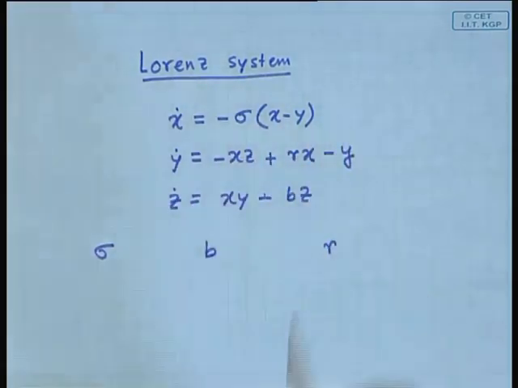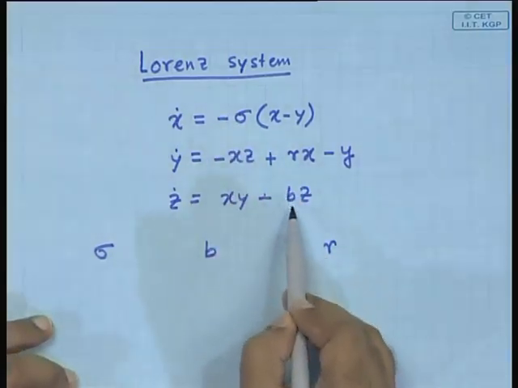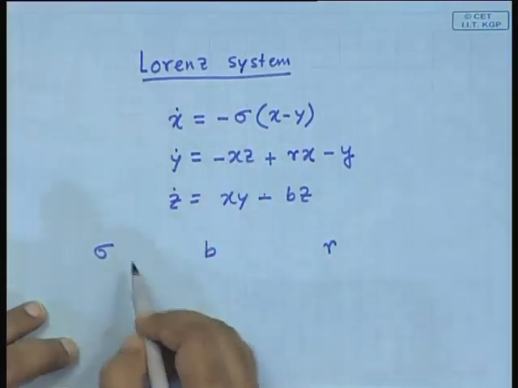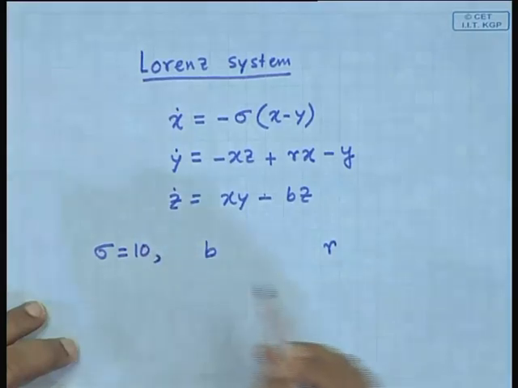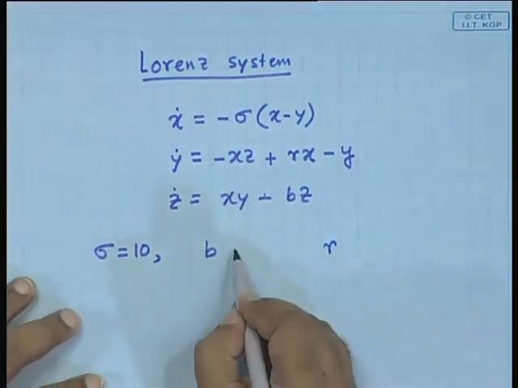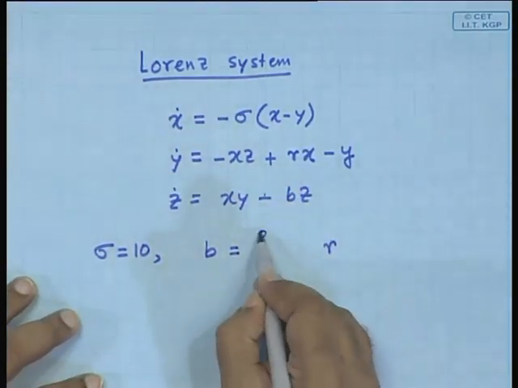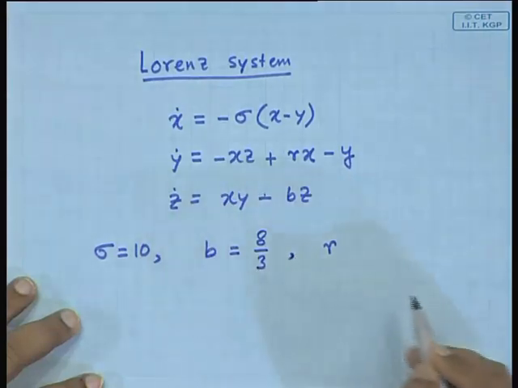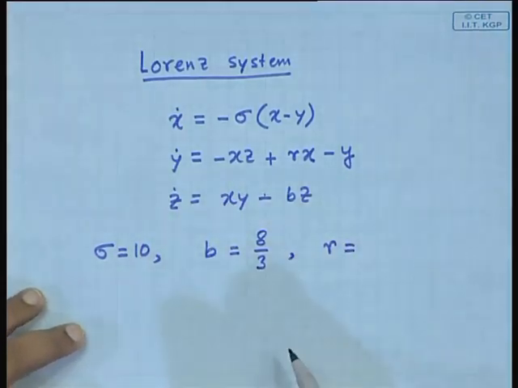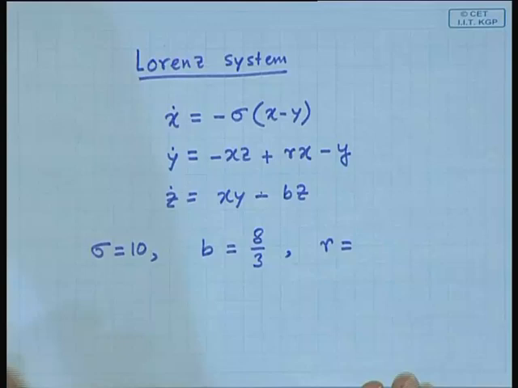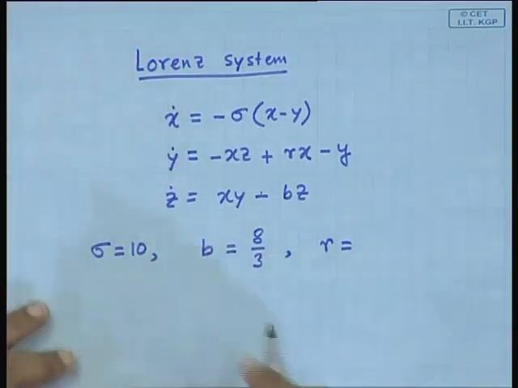In such a system, obviously we will not be able to do the simulation by simply working analytically, but let us try as far as we can. For that we need to assume some parameter values. So, let us say sigma is 10, b is 8 by 3, and r, okay, we will be able to arrive at some conclusions depending on that.